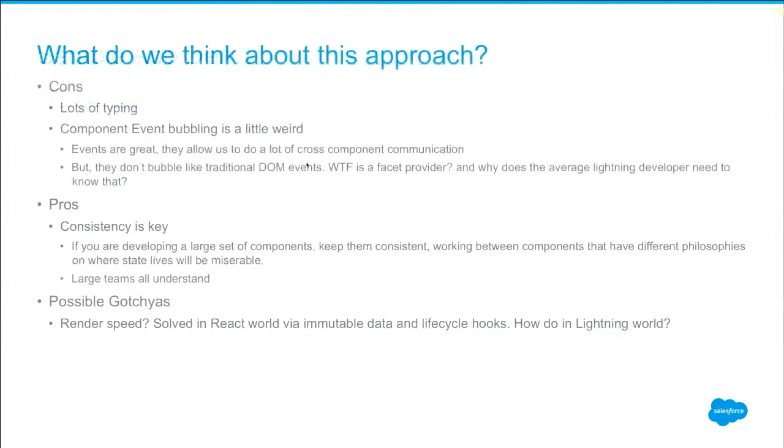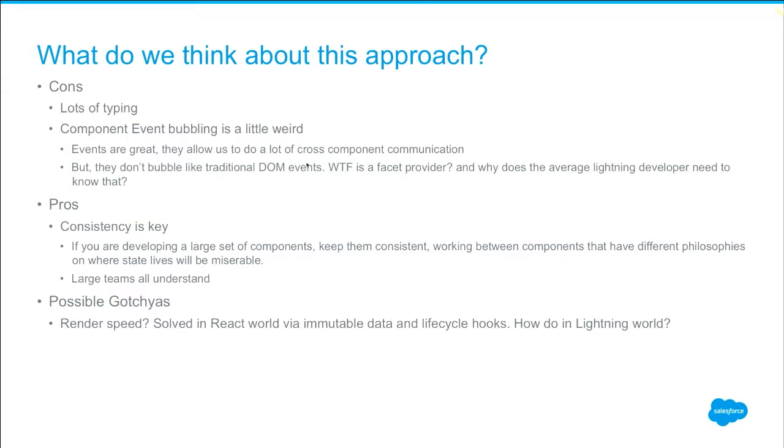I want to go through some lessons learned and some pros and cons. So I'm biased, I really like this. The cons are there's lots of typing, and there's another con specific to Lightning components where component event bubbling is a little weird. The events are great, but they don't bubble like traditional DOM events, if you're familiar with that.